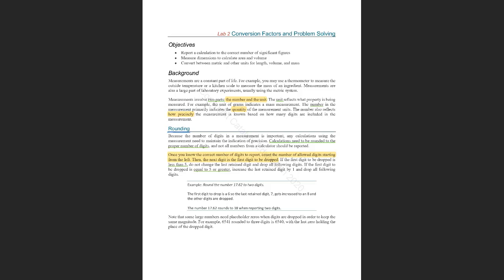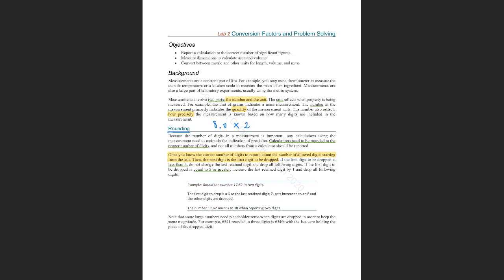What is rounding? When you do a calculation, let's say 8.0 times 2.